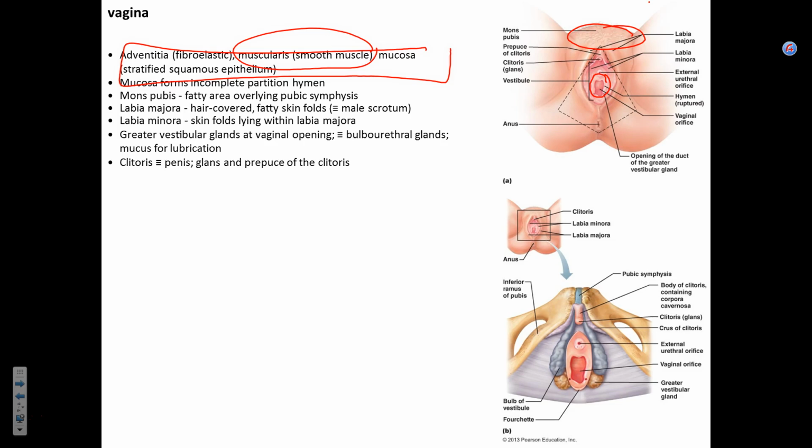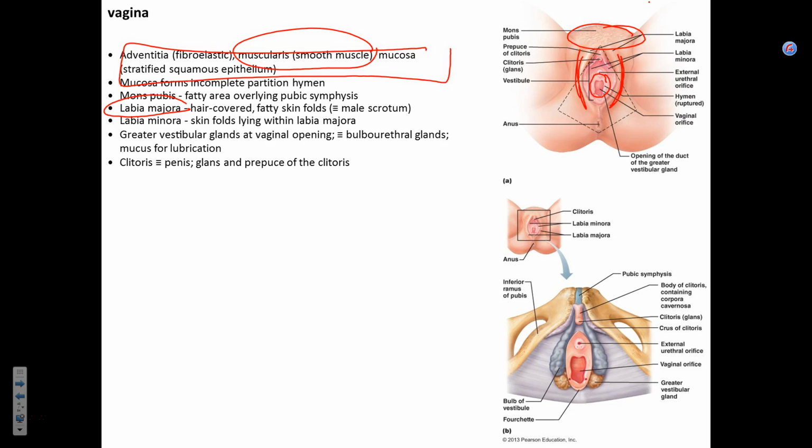The skin folds surrounding vaginal orifice are called labia majora, and it's interesting because if you look at the development of reproductive organs in females, labia majora is scrotum.